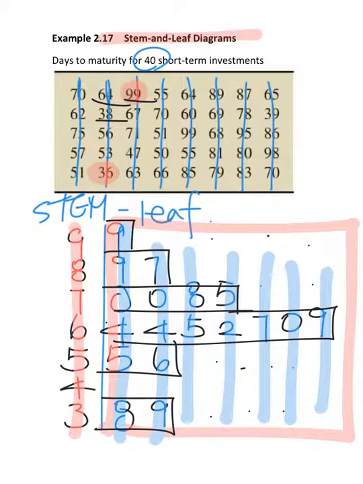I think the stem and leaf is faster. Anybody who likes stem and leaf more than histogram? I like stem and leaf. Do you know why? I think it is faster. And we don't have to make the frequency table. And I can see the values.